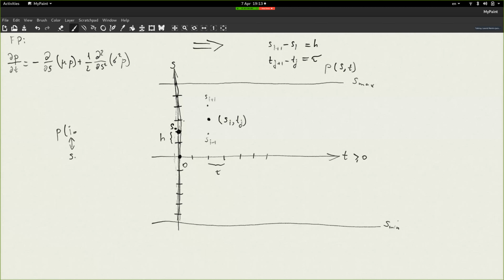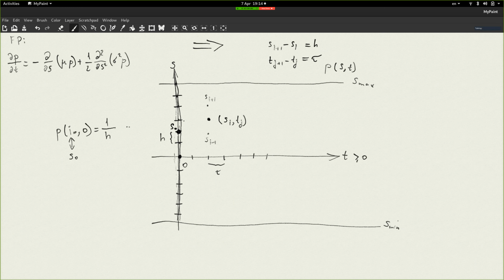Instead of setting it to infinity, we'll set it to 1 divided by h. Obviously, when h, the step with respect to s, is small, then this value is indeed large and tends to infinity as h tends to 0. But still, we'll use some small but finite value of h.